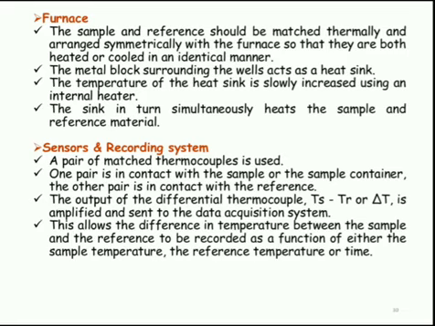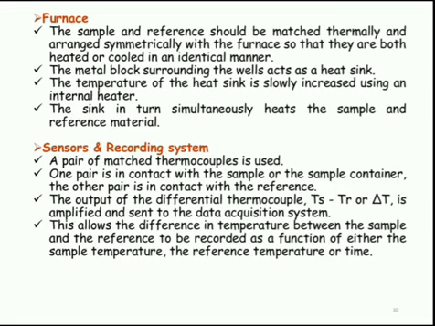And then the sensors and recording systems. In this, a pair of matched thermocouples is used. One pair is in contact with the sample or the sample container. The other pair is in contact with the reference.